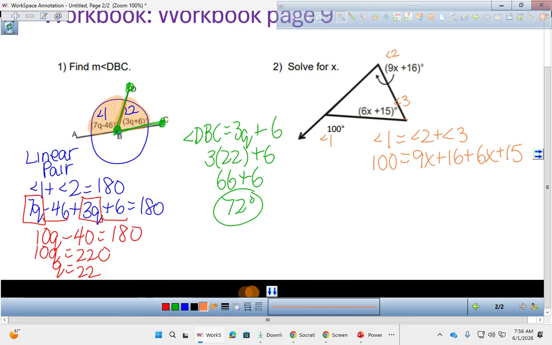All right, so if we combine our like terms here, we get 15x plus 31. And I'm going to subtract 31 from both sides. Something tells me this is going to be a decimal.